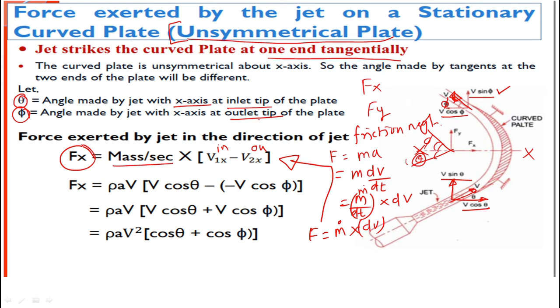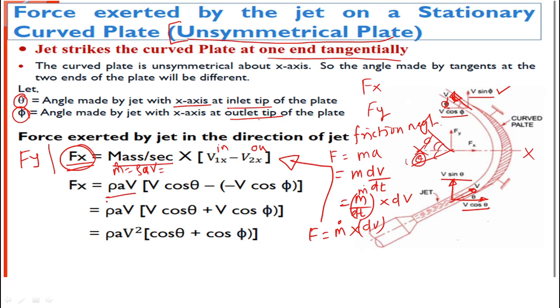First we calculate for the x direction; similarly we can calculate for the y direction later on. Instead of mass flow rate we write rho A V, that is density into cross-section area of the jet into velocity, which gives the mass flow rate.